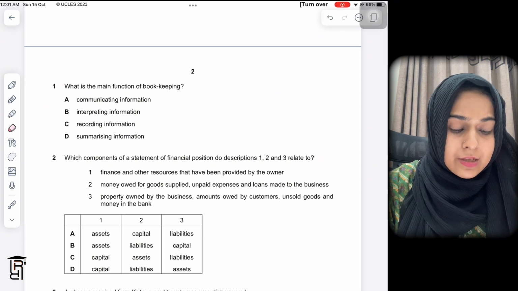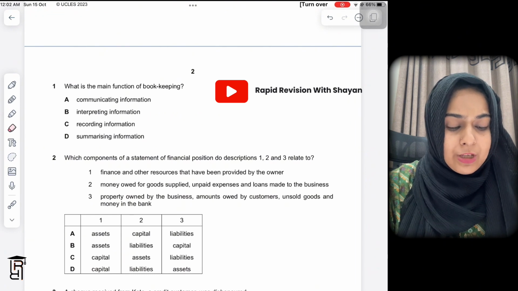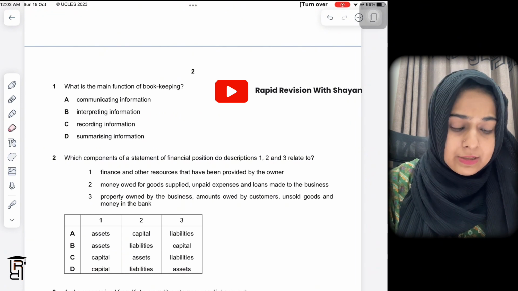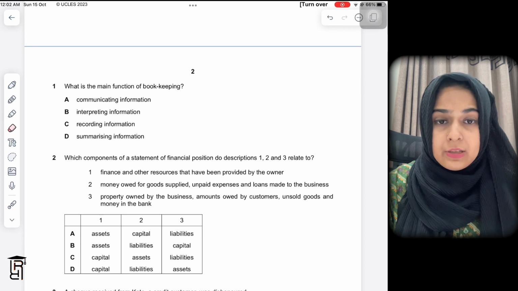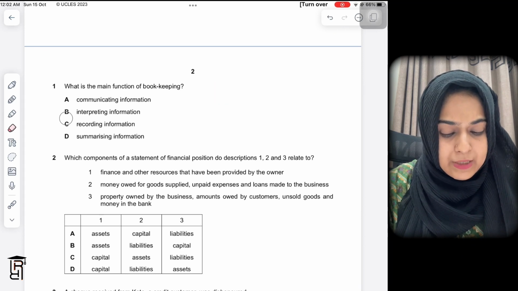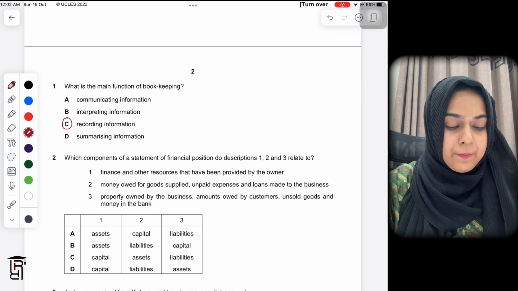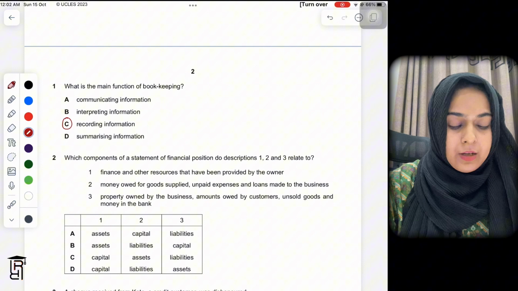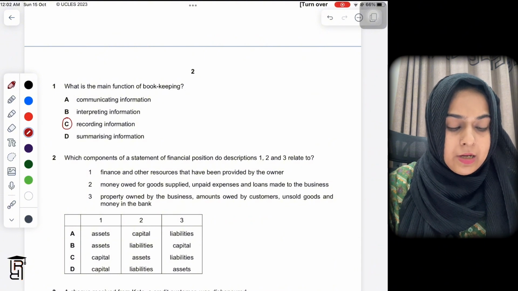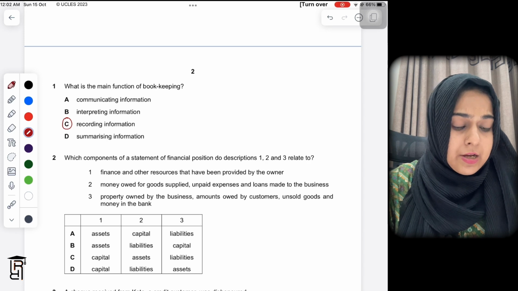Here they're saying communicating information, not really. Bookkeeping is recording financial transactions, recording each and every transaction that the business undertakes. So the answer should be C, because C is about recording every transaction.